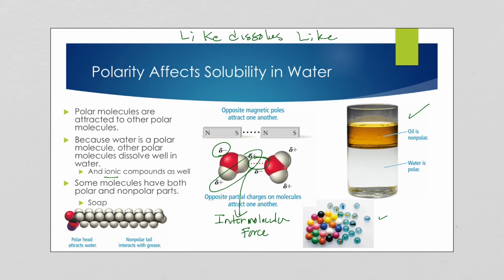So to form these attractions, they squeeze or push the non-polar molecules out of the way. And that's what happens here. Eventually the oil starts to separate and float to the top and congregate together. The water is forming these types of interactions and squeezing out the non-polar molecules that can't do that.